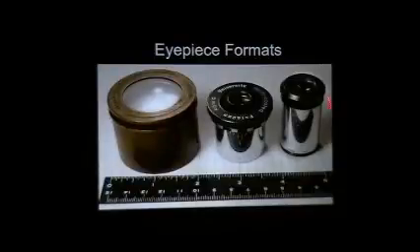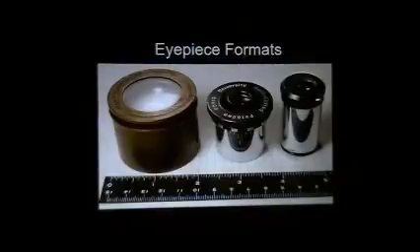When you see the small eyepiece size, everyone thinks, uh-oh, crappy department store telescopes. And that's very true, but there are some incredibly good eyepieces out there made by Takahashi and JSO and such. So just because an eyepiece is in this little format doesn't mean it's necessarily a bad eyepiece.